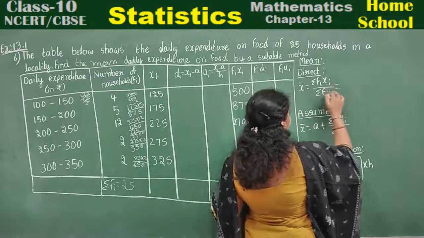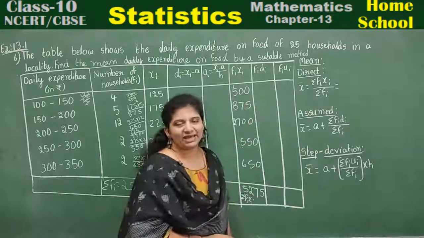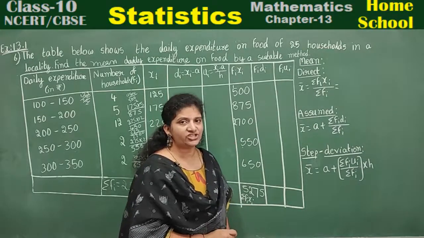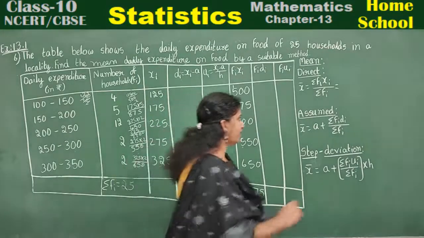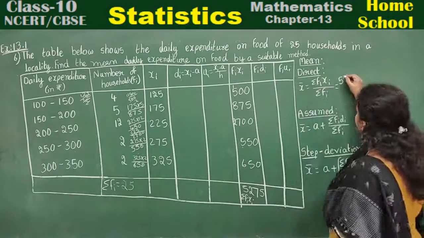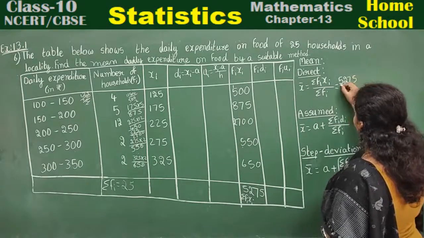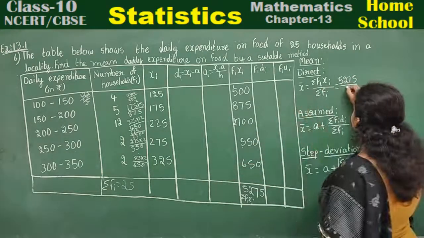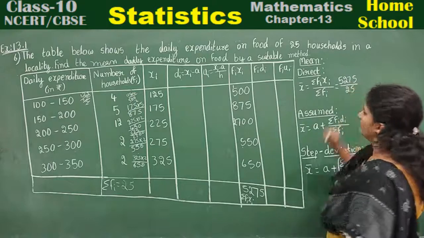Mean X bar is equal to summation Fi Xi by summation Fi. Summation Fi Xi is 5275 by sigma Fi, which is 25.